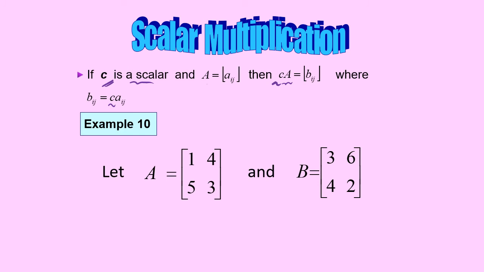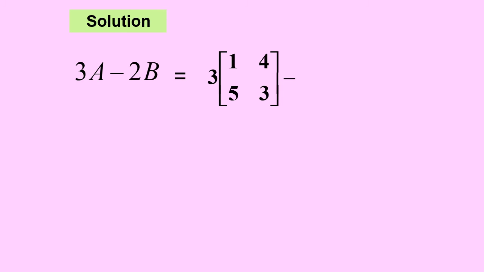We have matrix A and B, and then calculate 3A minus 2B. So we have a scalar of 3 in front of A, and a scalar of 2 in front of B, and then we have the operation 3A minus 2B. So let's do this. We just have to write down the matrices A and B. So 3 multiplied by matrix A, 1, 4, 5, 3, minus 2 multiplied by 3, 6, 4, 2.